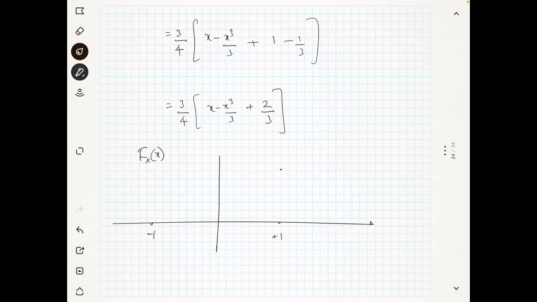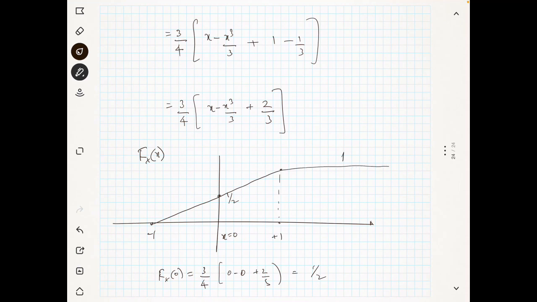So you can see here at x is equal to 0, fx of 0, you will get it as 3/4 into 0 minus 0 plus 2/3, which is 1/2. So you will get it as 1/2 here. So it will be going like this, and finally it will be going to 1 at +1.